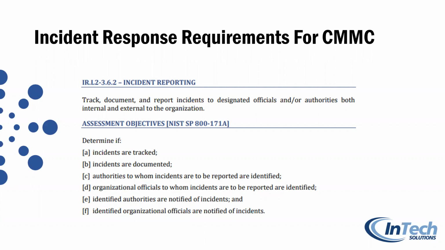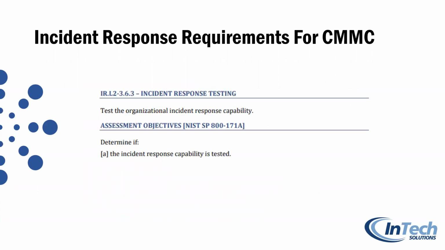And we're going to see how all of these elements are included in the incident response plan you've been provided. And the last one is testing, testing the organizational incident response capability. And we're going to talk today about an easy way to be able to do this that's still impactful and is also included in the plan.